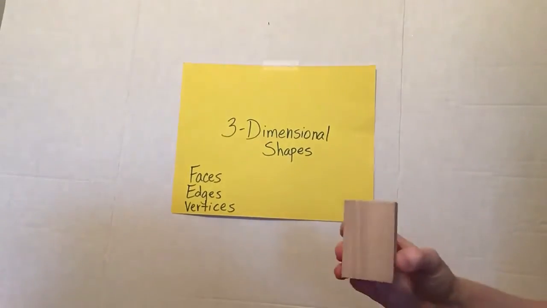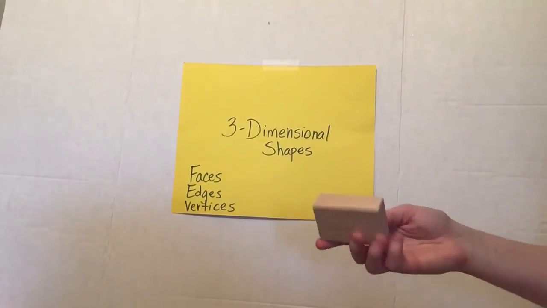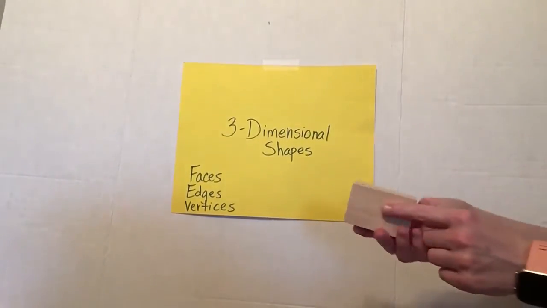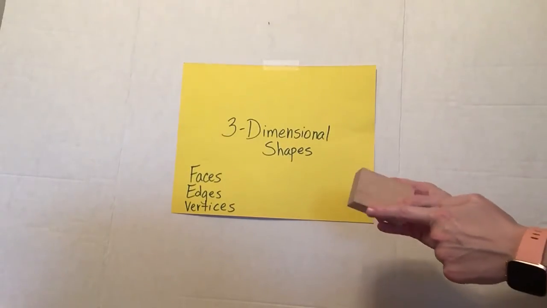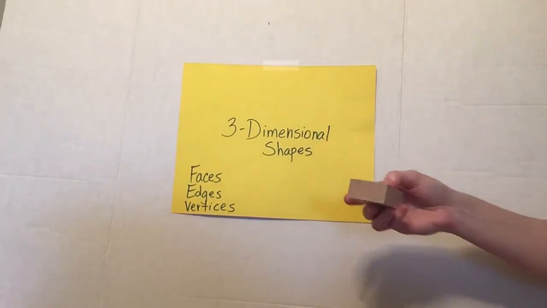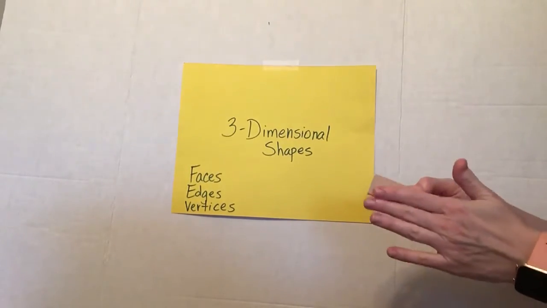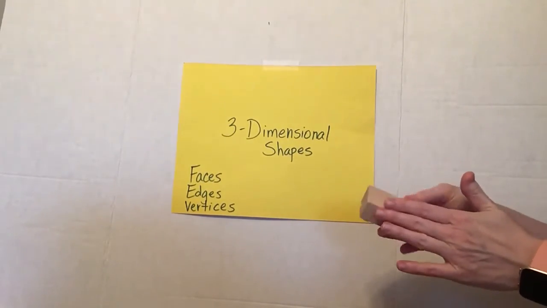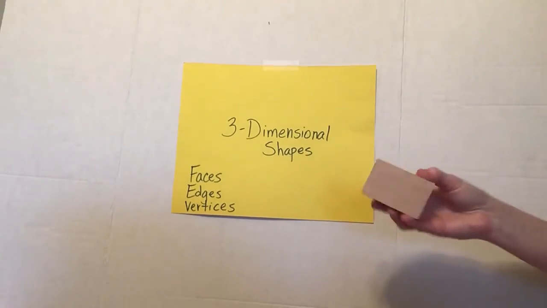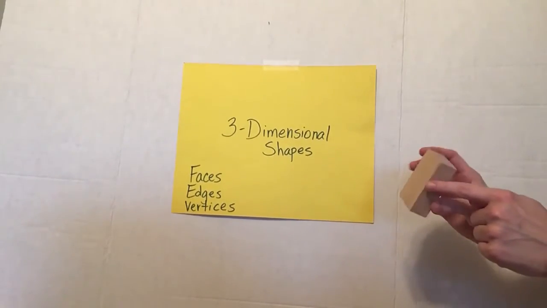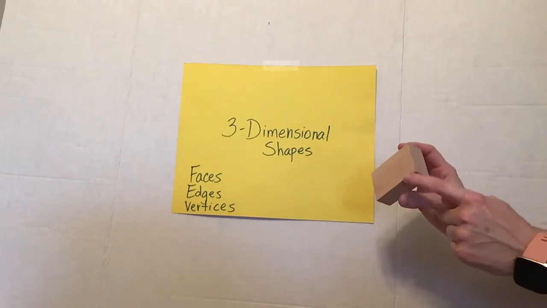And then here's another one. This is our rectangular prism, okay? Because what do you notice about the shape? These are rectangles. So it's a rectangular prism. And here are those faces. So we have these large rectangles. Those flat surfaces are faces. Remember, the edge is where the faces meet.